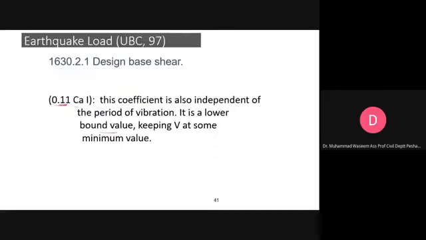So this is just an explanation of the base shear formula. This coefficient is dependent on the period of vibration. It is the lower bound value on the base shear.